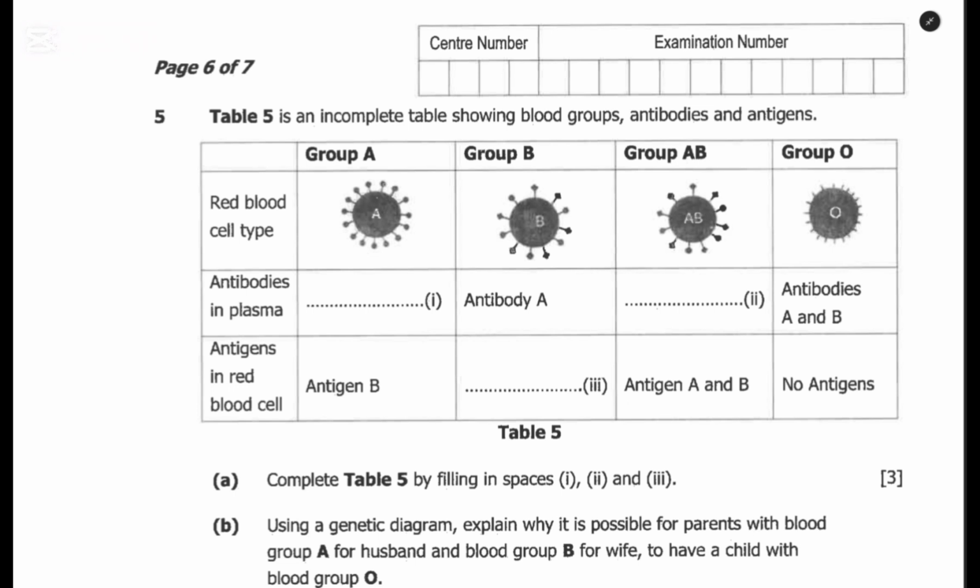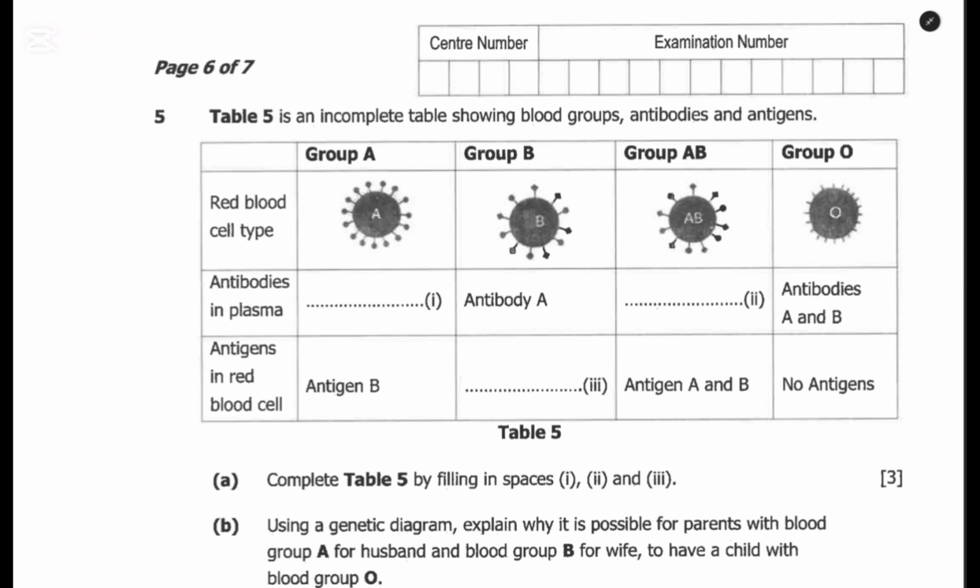As you can see, the antigens are just markers found on the surface of the red blood cells, and they determine the blood group. We have antigen A and B, and these determine the types of blood groups that we have, the combination. They are dominant, so where they are found, they are expressed. But that is not the case.